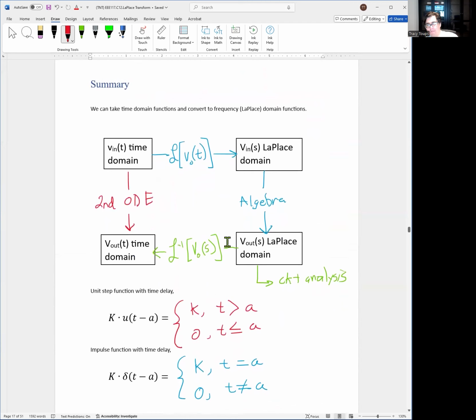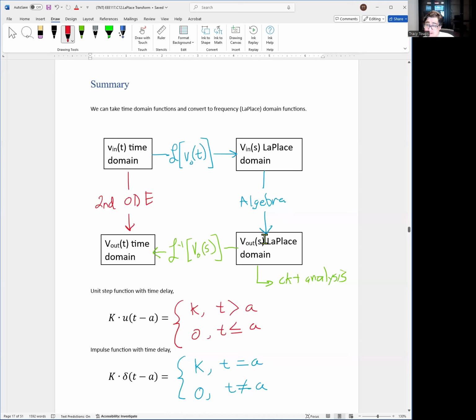So in summary, remember we talked about time domain functions, what we started with when learning circuits. Anytime we had capacitors and inductors with cosine in AC systems, it's a second order differential equation with trig involved. It's very, very hard. It will be easier if we do a Laplace transform into the Laplace domain, do some algebraic circuit analysis, then find our answer in the Laplace domain.